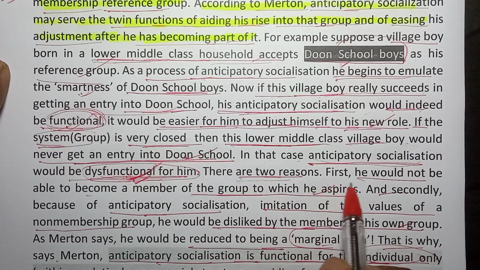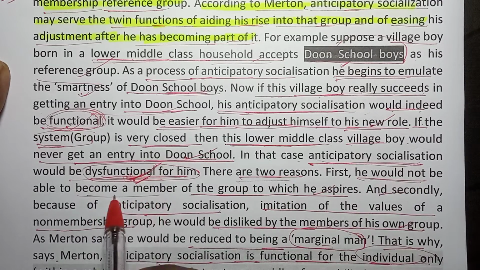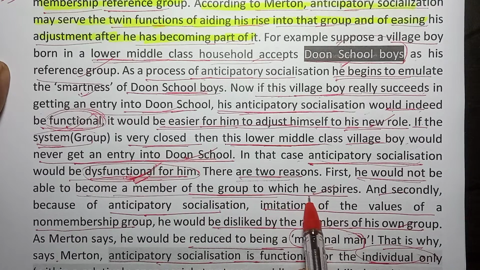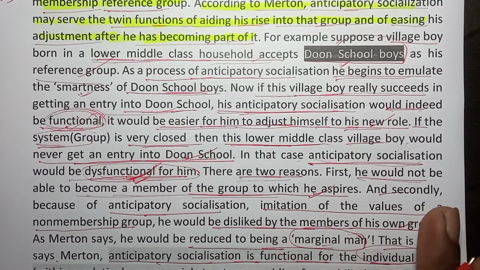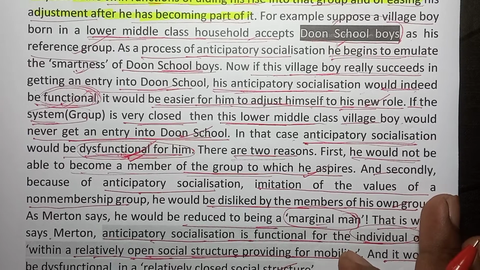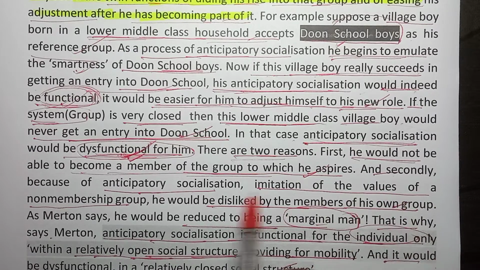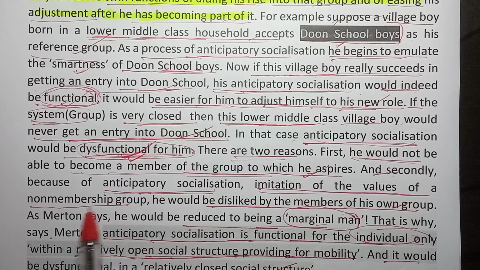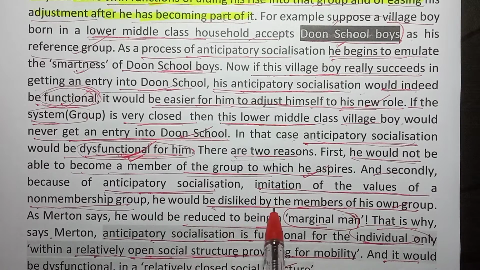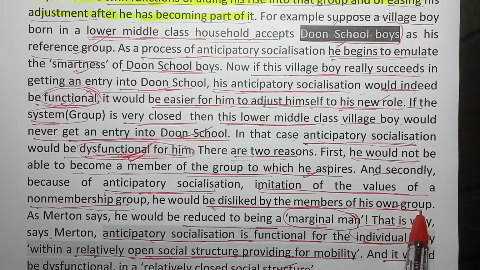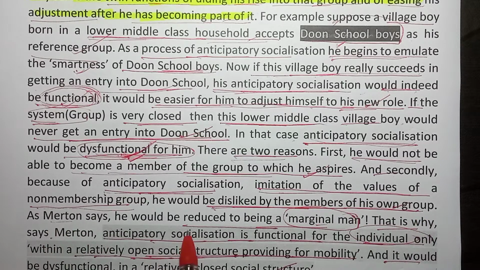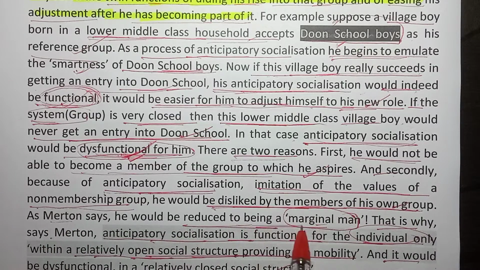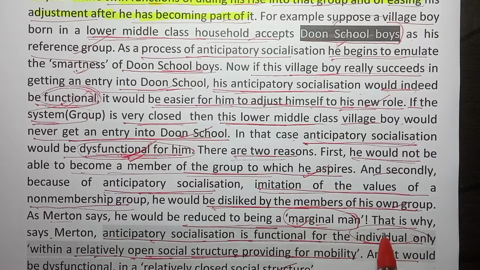There are two reasons. First, he would not be able to become a member of the group to which he aspires because of the closeness of that group. And secondly, because of anticipatory socialization, imitation of the values of a non-membership group, he would be disliked by the members of his own group. As Merton says, he would be reduced to being a marginal man.